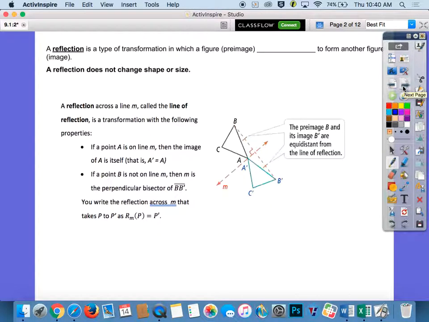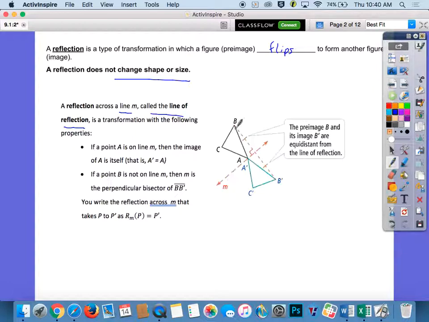Okay, so your reflection is the type of transformation that we're going to talk about today, and it of course flips an image to form another figure, or another image, I'm sorry. And it does not change the shape or size. So a couple properties, a reflection across line M, this is going to be called your line of reflection, all right?